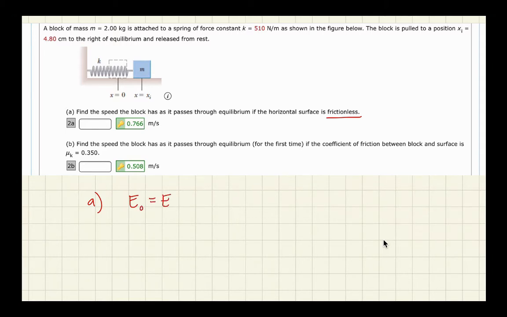Initial energy is equal to final energy. Spring energy is equal to kinetic energy. So that's 1/2 k x squared equals 1/2 m v squared. The 1/2 will cancel, and v will be equal to the square root of k x squared over m. So that's my first part here.